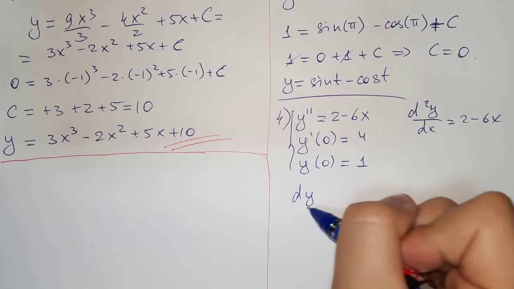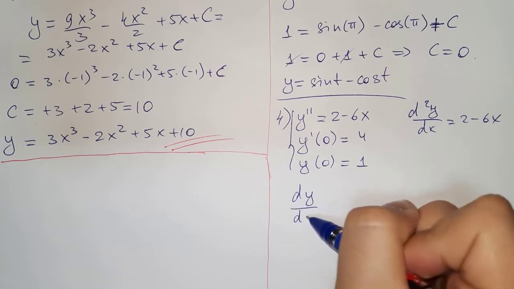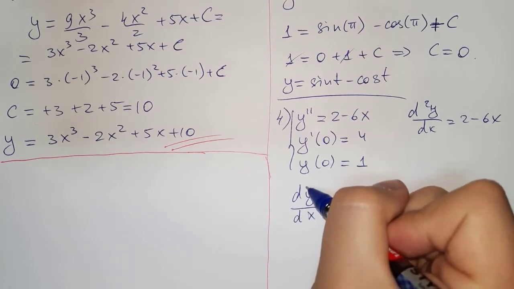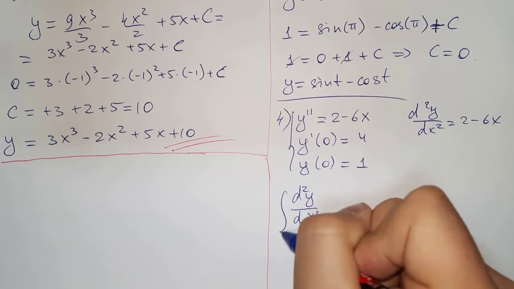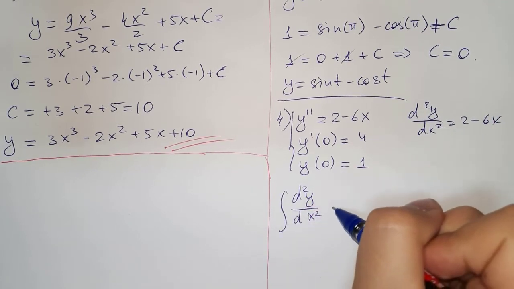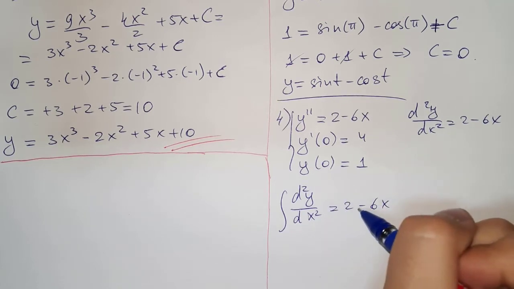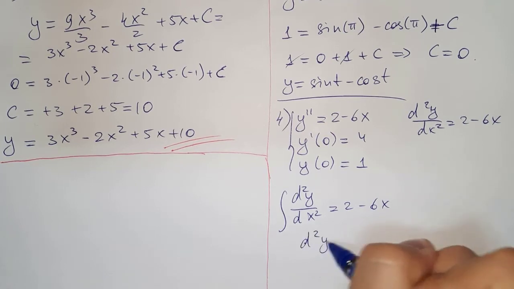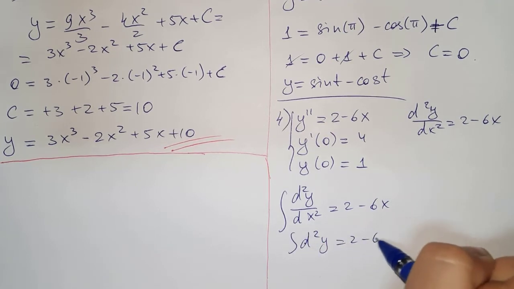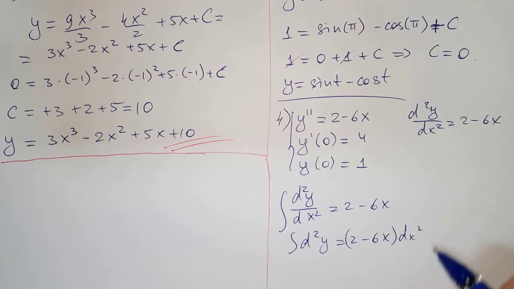If we integrate it, we should multiply by dx squared here, and we have the integral of d squared y equal to the integral of 2 minus 6x dx squared.